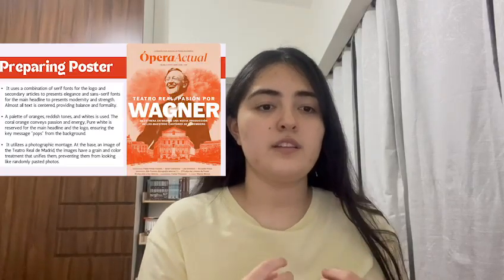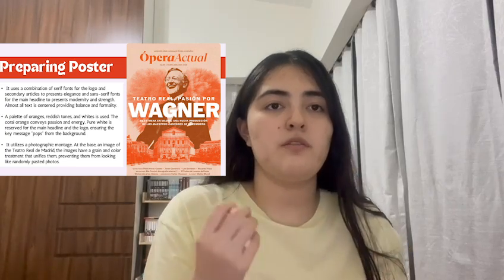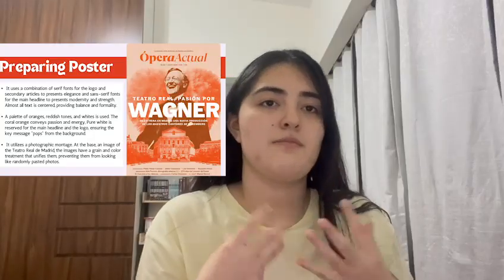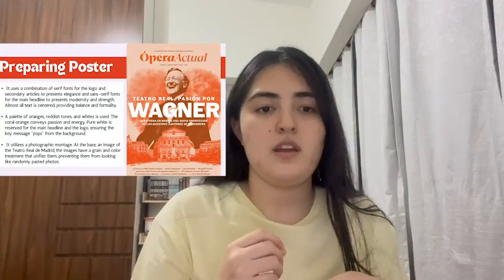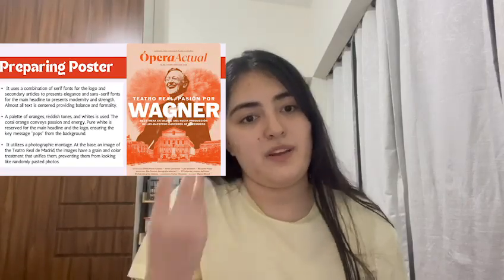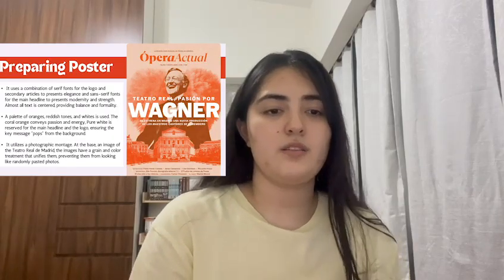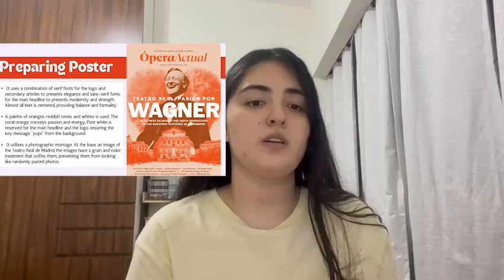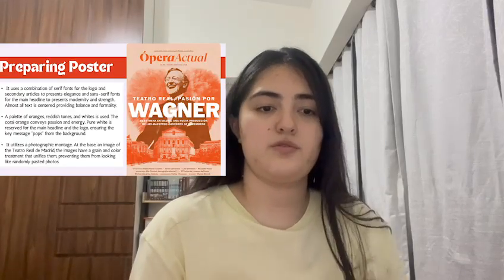The orange conveys a passionate energy. The pure white used in the text and the logo ensures the key messages pop from the background. For the photography, at the base is an image of the Teatro Real de Madrid, and the images have a grain and color tint that prevent the poster from looking like a remodeling photo.